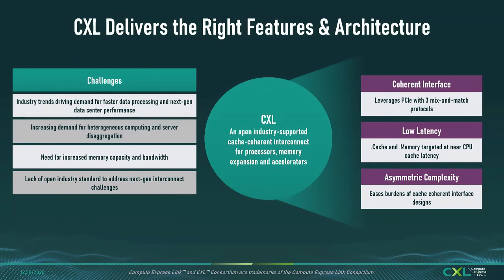And it does that in 3 ways. One is by being a coherent interface, which leverages the PCIe physical layer with 3 mix and match subprotocols; we'll touch a little more on these subprotocols in a follow-on slide. It's a low-latency interconnect with near CPU cache coherent latencies, as well as reducing asymmetric complexity so that we can have different migration of CPU and endpoints so that they're not locked together for a specific generation.